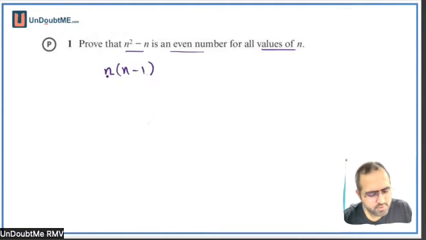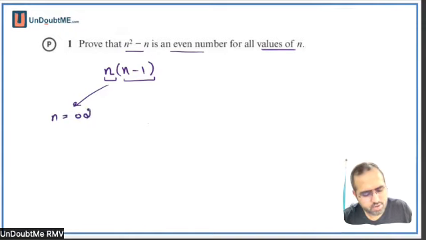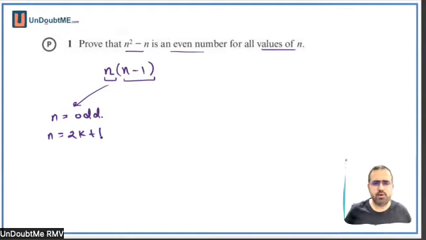Now if you look at n and n minus 1, let's say if n is any odd number, n can be written as 2k plus 1. 2k plus 1 is a general odd number.